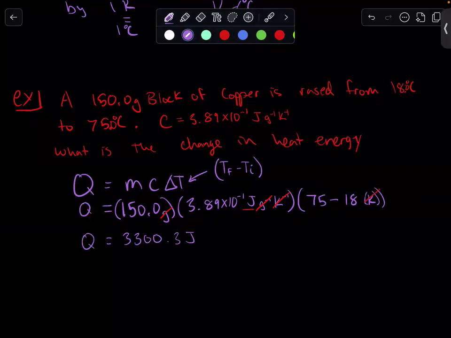Now, problems will usually ask for kilojoules, so you should be pretty confident in just turning this into 3.30 kilojoules. We'll explain why kilojoules are important as we move forward, but for now, know that both of these are valid answers depending on what the question is asking.